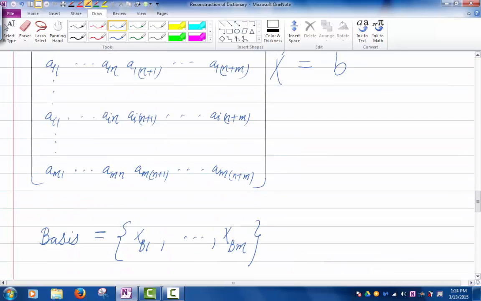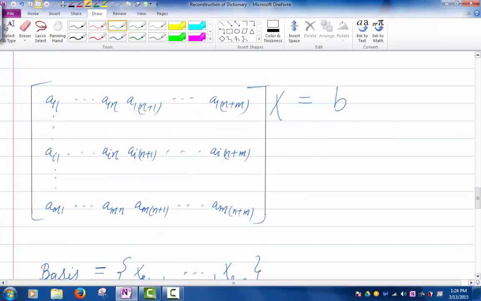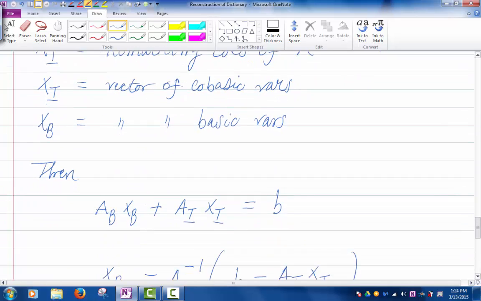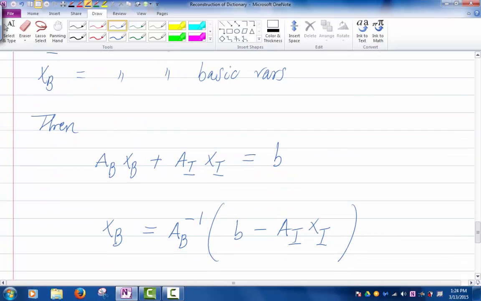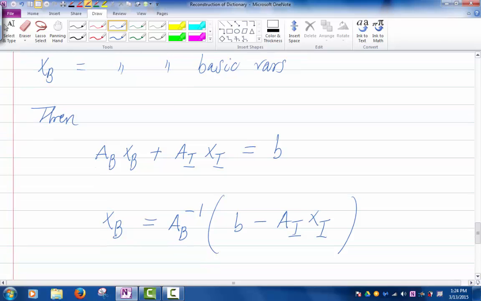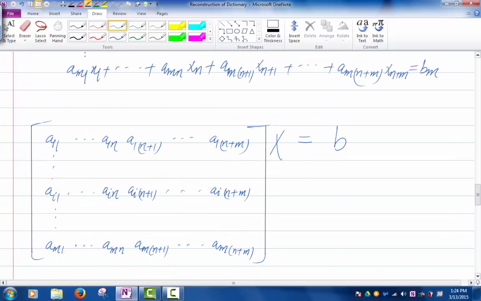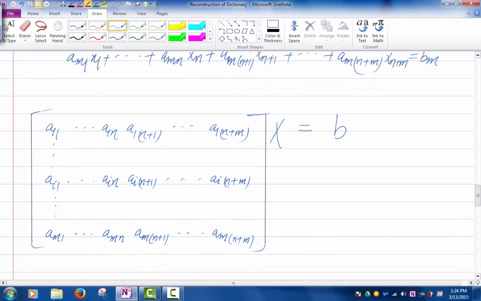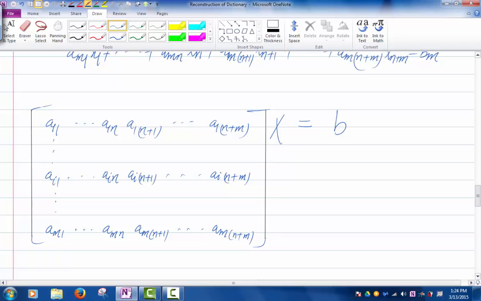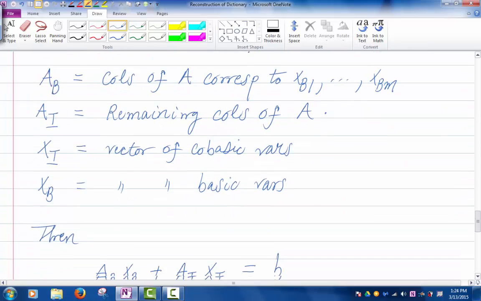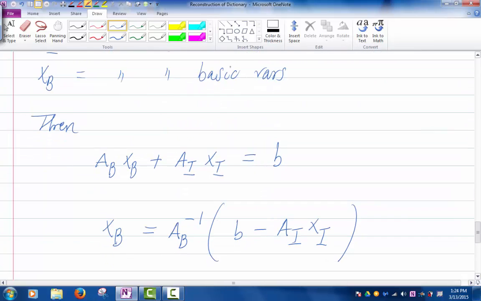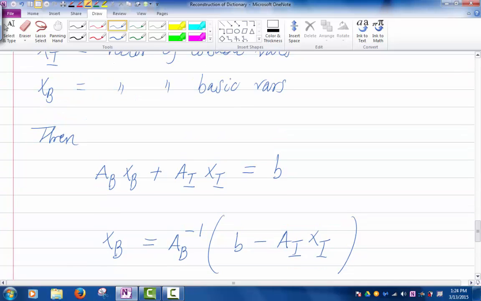Then this matrix equation that I have, I can rewrite it as AB xb plus AI xi equals b, just like we did in the example. I'm looking at the columns corresponding to xb, and those columns are AB, and then the columns corresponding to xi would be AI.